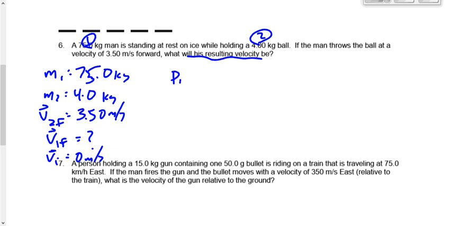All right, we could analyze the impulse experienced by the ball, or we can analyze the impulse experienced by the man, which, by the way, would be equal and opposite, right? But if we analyze the system, there is no change or impulse. We know that the total momentum is conserved. How many objects do we have before the collision takes place here?